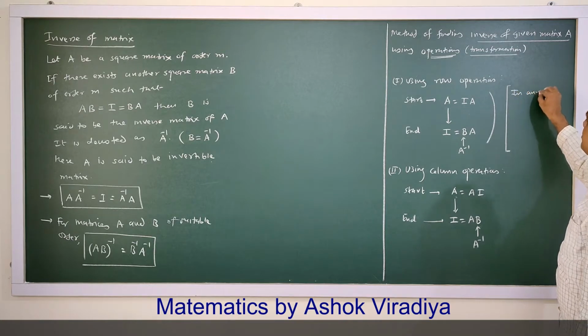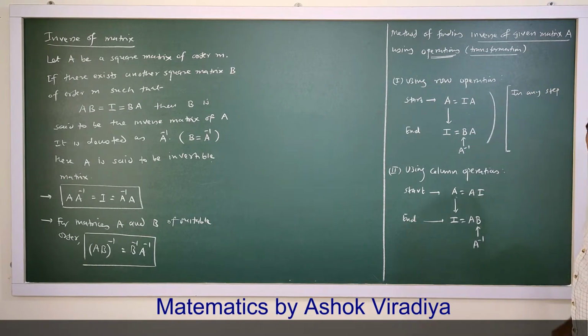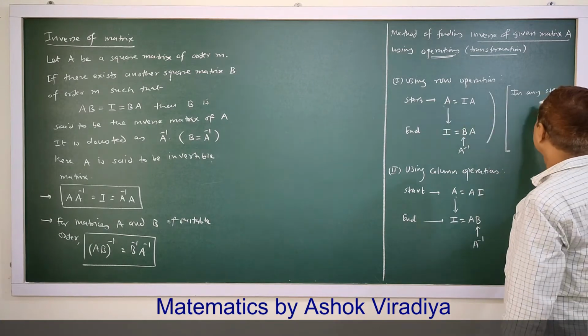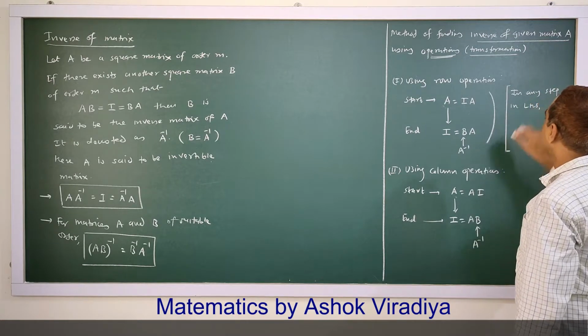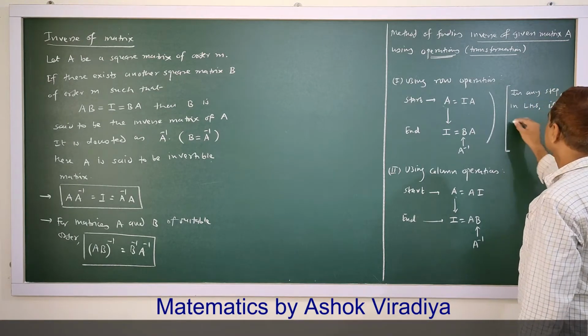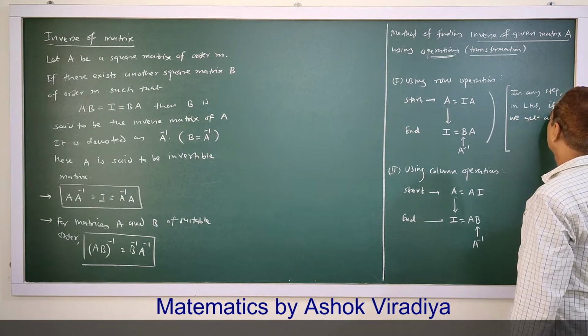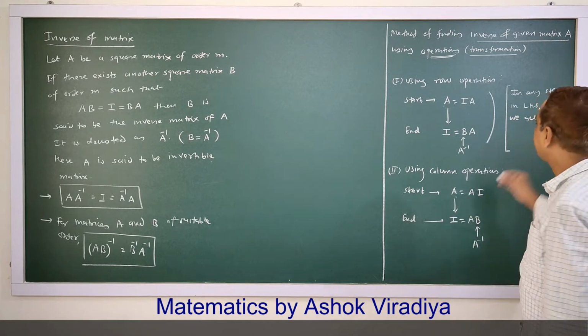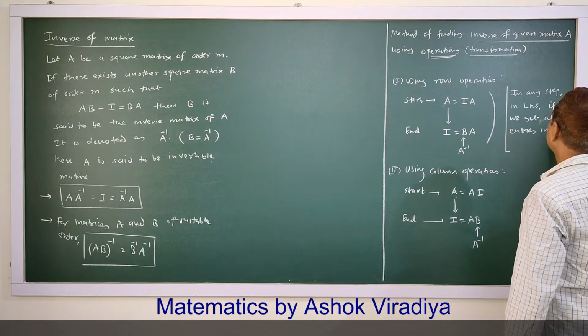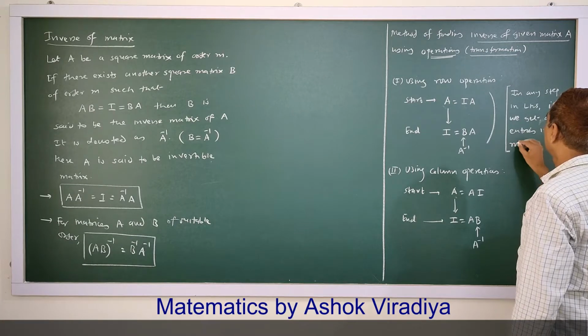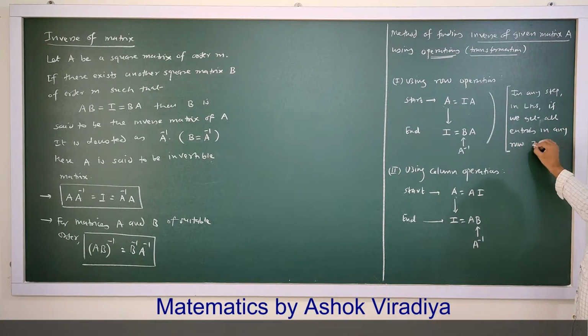In any step on the left hand side, if we get all entries in any row zeros, then A inverse does not exist.